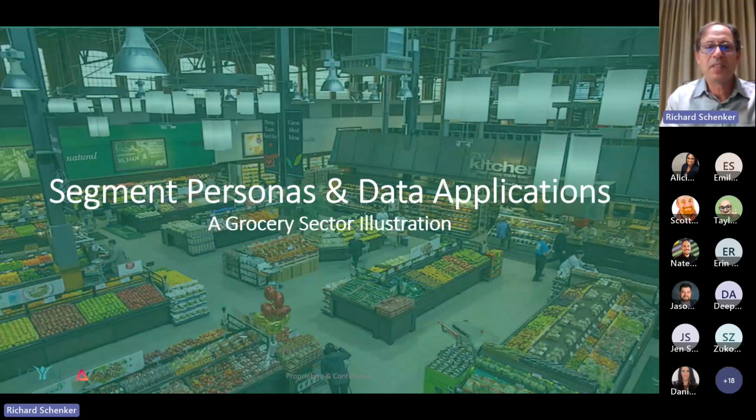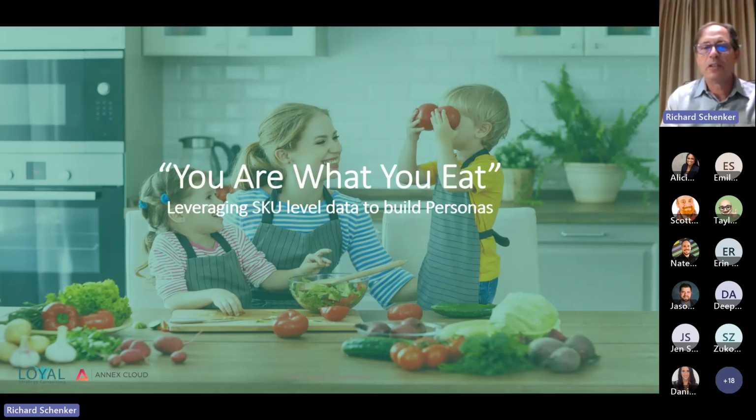Okay, we're going to get into segment personas and data application. And again, to protect the innocent, this is not the grocer, if you figured out who this grocer was, but I like using a grocery example because there's a lot of richness around segment personas and data applications. This is work that I did several years ago for a large grocer in the US. Effectively, the notion here was, you are what you eat.